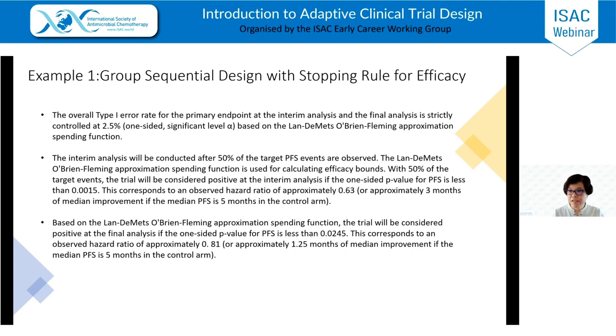If it's not hit, they keep going. At the end, you cannot use 0.025 anymore. It is 0.0245. This is your significance level for the hypothesis test at the end. Now, somebody might notice that if you add these two together, it's not 0.025, right?